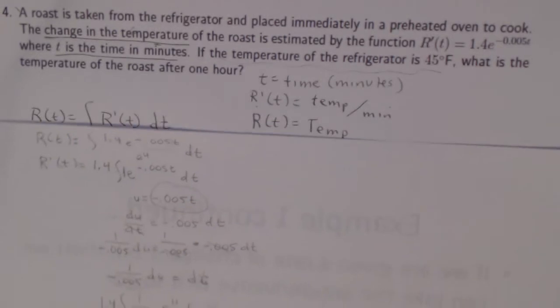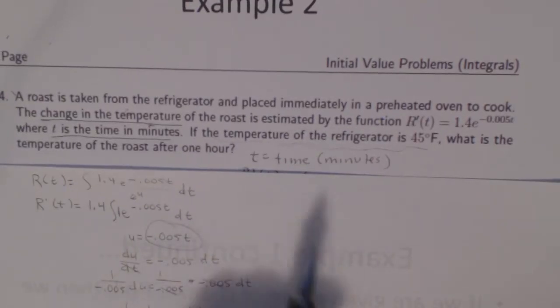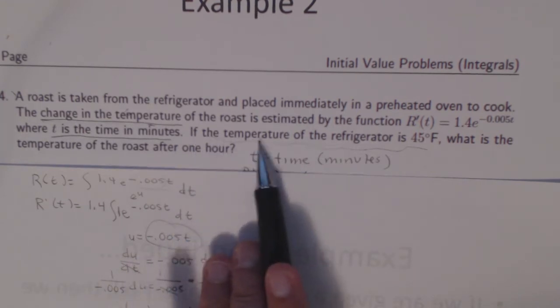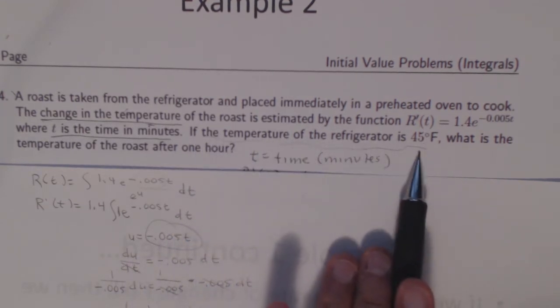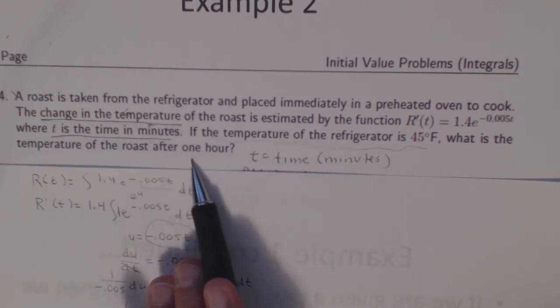So there it is. That's our r of t function, except one problem. This is an indefinite integral, and so I have to have a plus c at the end. So if you go back and look at the problem, there must be something given, an initial value, and it is here. If the temperature of the refrigerator is 45 degrees, what is the temperature of the roast after 1 hour?